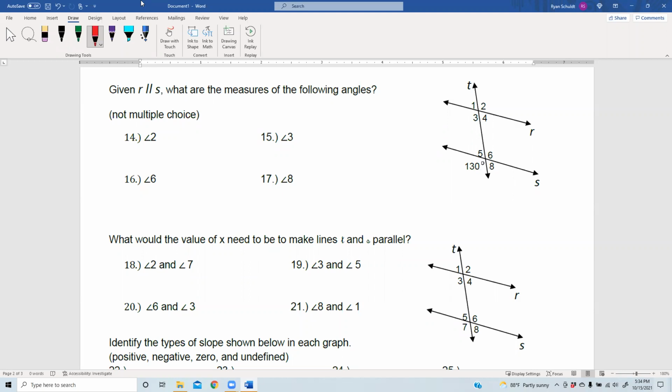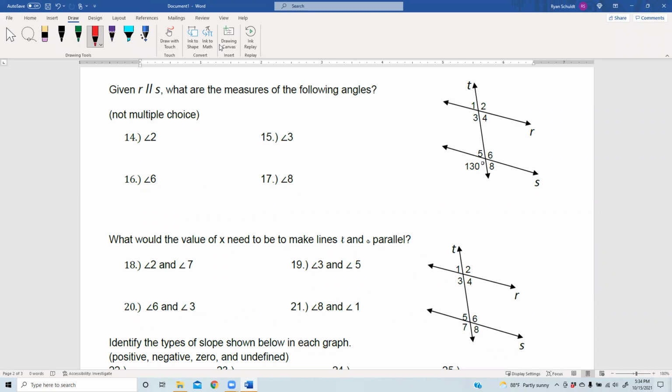And I don't know why it says not multiple choice here, because these are all different problems, I guess, to make sure you don't say, oh, the answer is problem 14. No, they're all different problems. What I recommend is, before you even look at 2, 3, 6, and 8, these problems, take the 130 over here and figure out what all's going on.